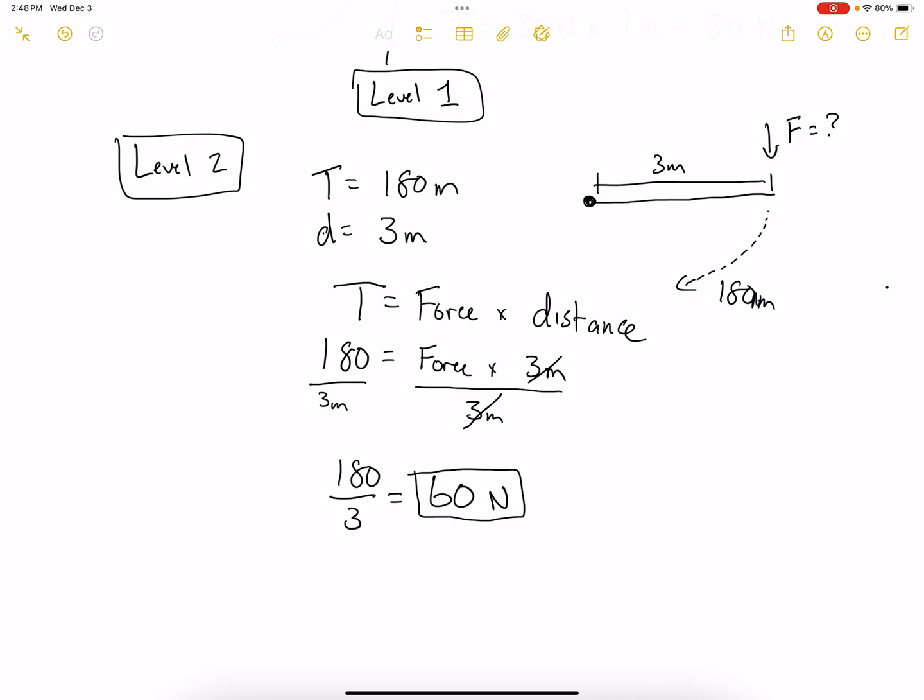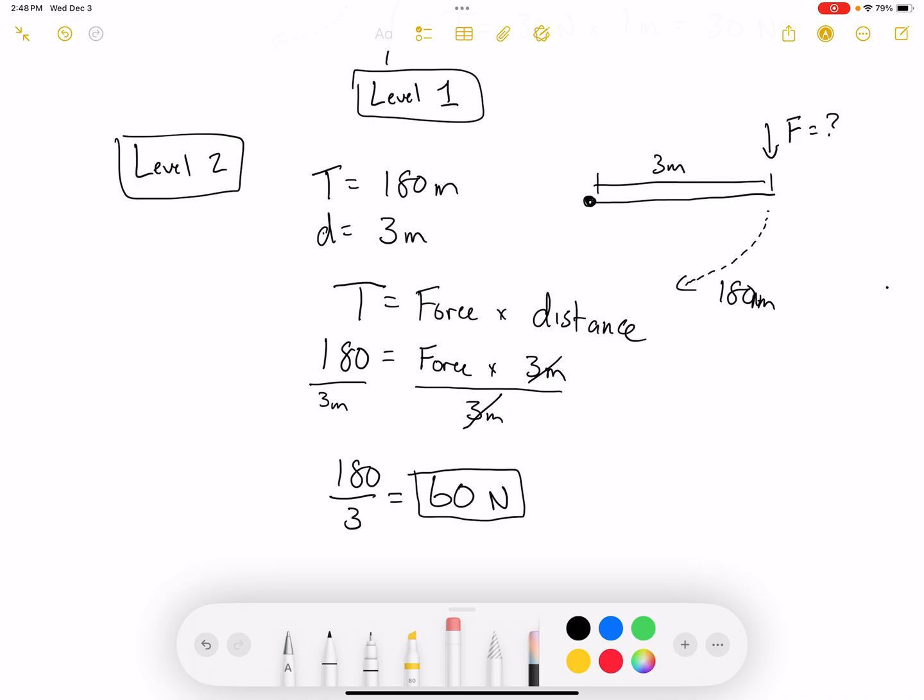In level 2, I'm going to give you the torque and either the distance or the force, and you have to know that you have to divide those and know which one goes on the top of the fraction, which one goes on the bottom. So level 1 and level 2 both use the exact same equation. In fact, I'm going to highlight this in red for you.